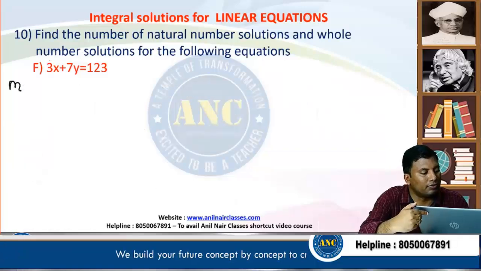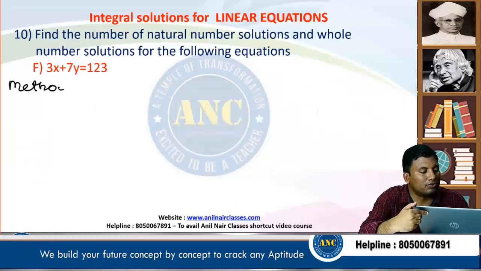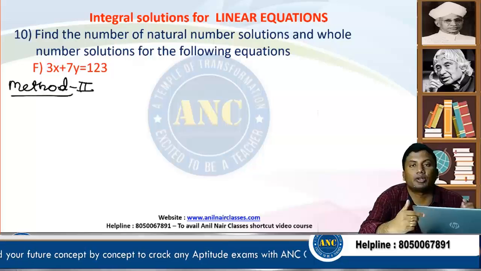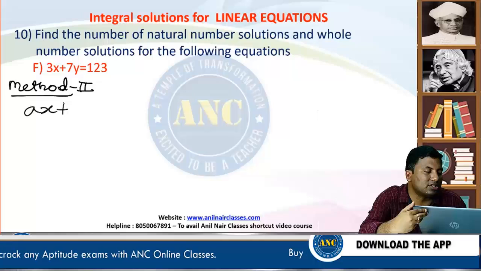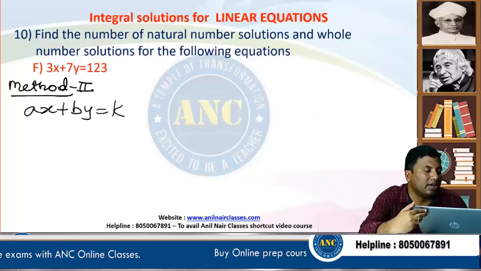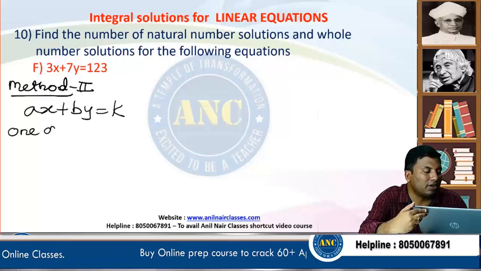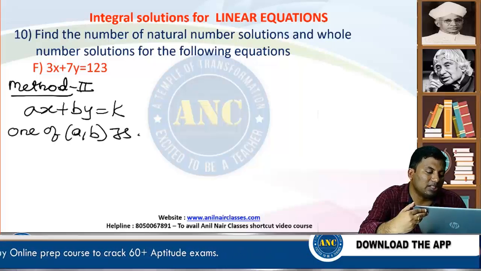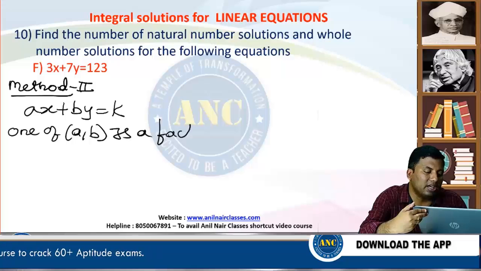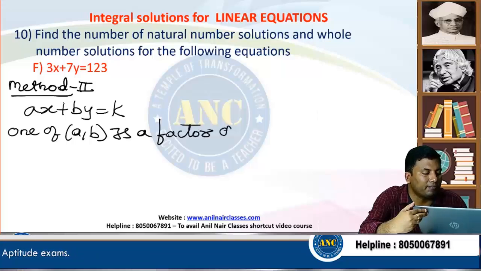Now method 2. In method 2, if ax plus by equals k, and one of a, b is a factor of k, then take k by a into b.